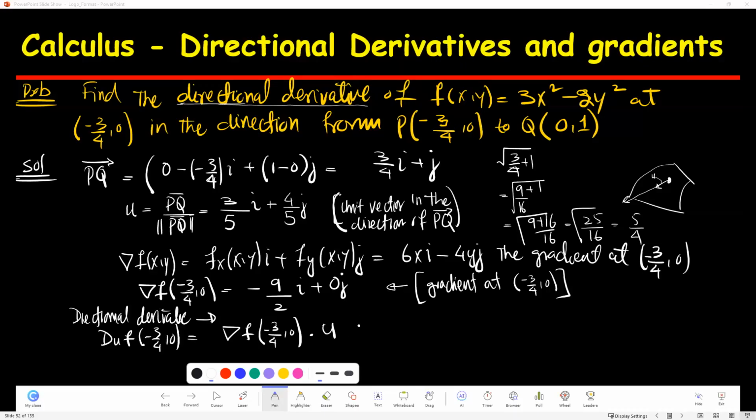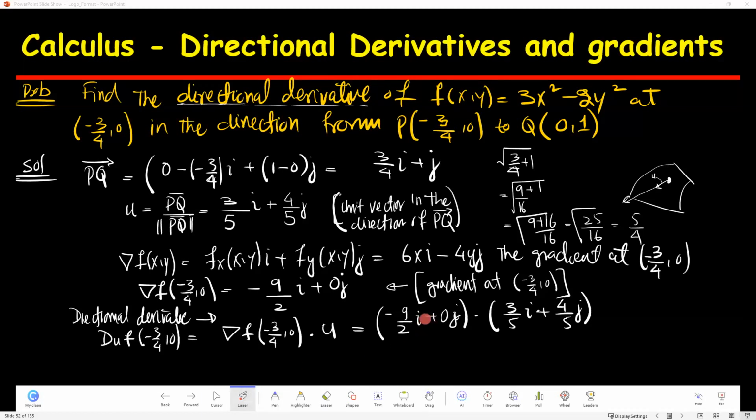So I substitute this, and it's going to be equal to, writing it the way it's given up on the screen so we don't confuse, the gradient dot 3 over 5 i plus 4 over 5 j. If I multiply, this term times this term, i dot i means 1 times 1 times cos 0, and cos 0 means 1, so I don't write the 1.